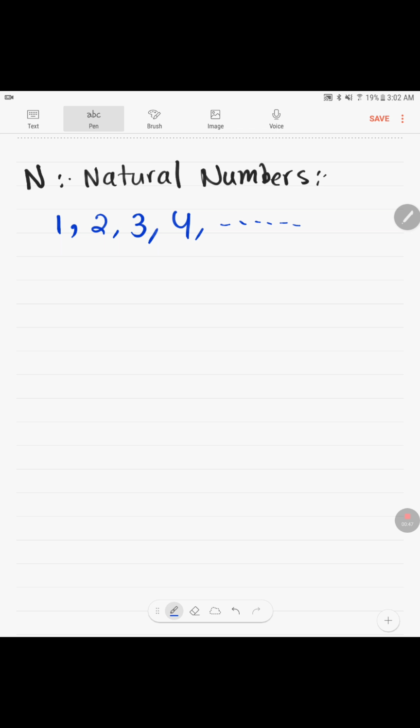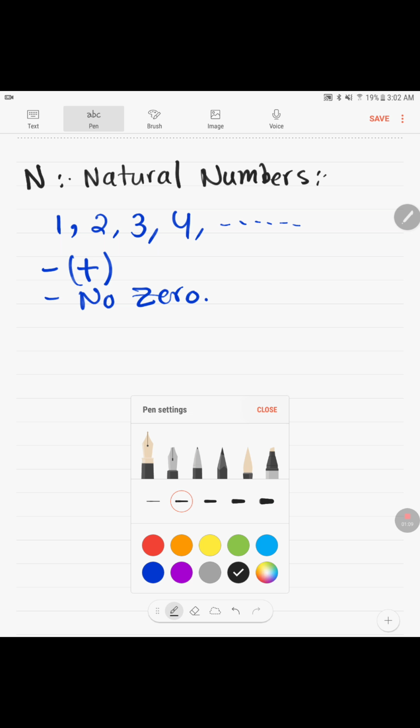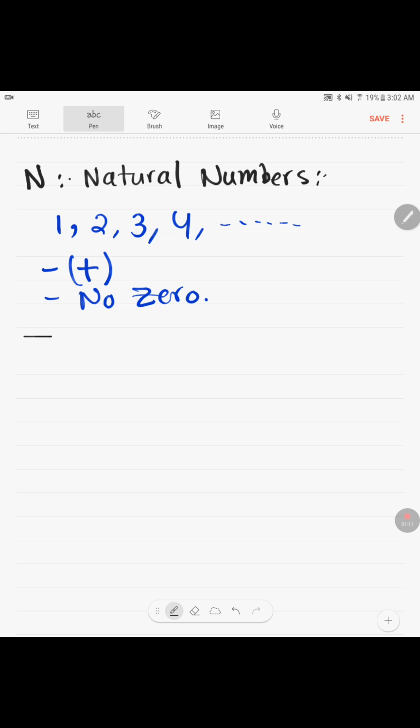But their characteristics are that they are positive, they don't include a zero, and they're whole. So that leads us to the second set of numbers, which is labeled as W and named as whole numbers.